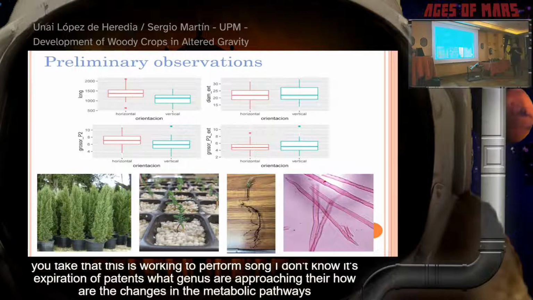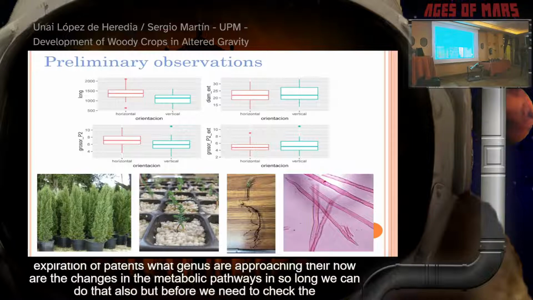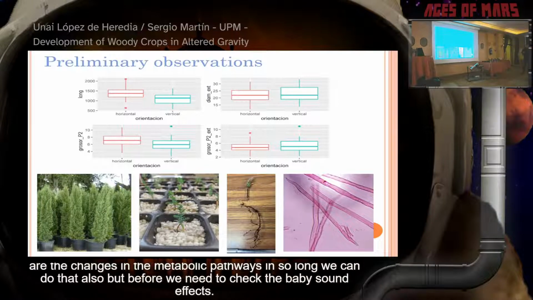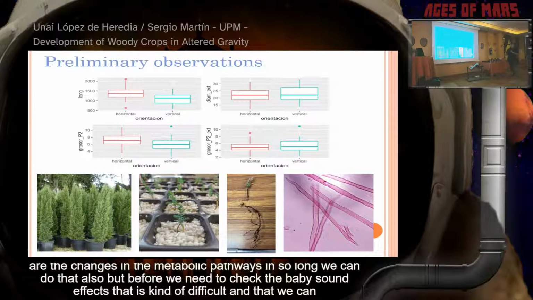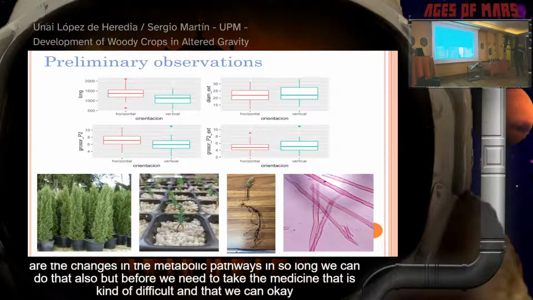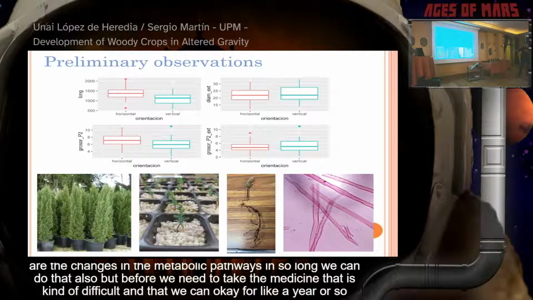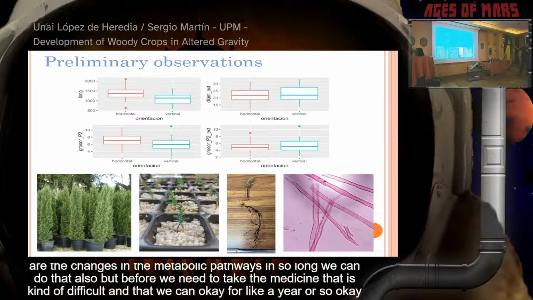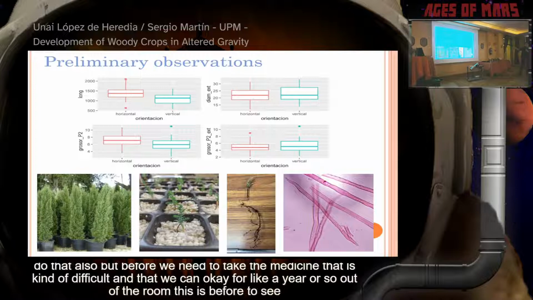But before, we need to check that there is some effect that is phenotypically observable, and that we can run the experiment for a long time, like a year or so.